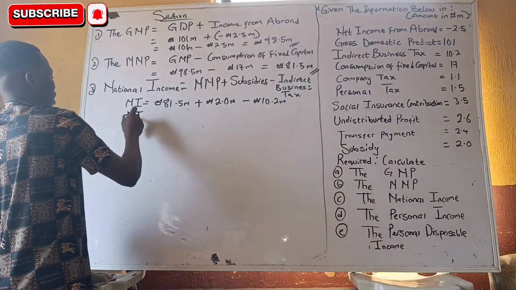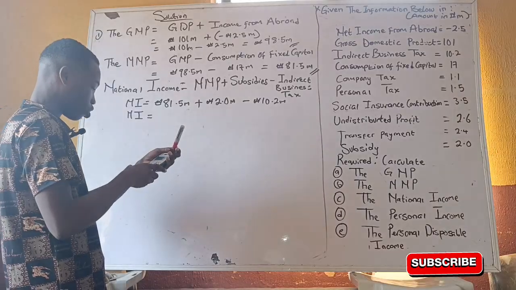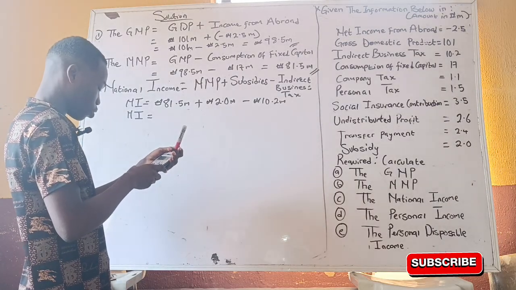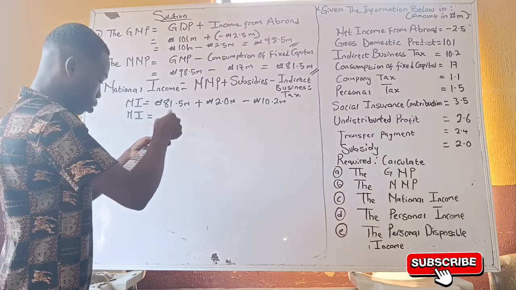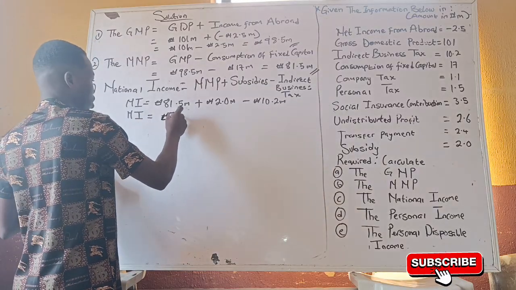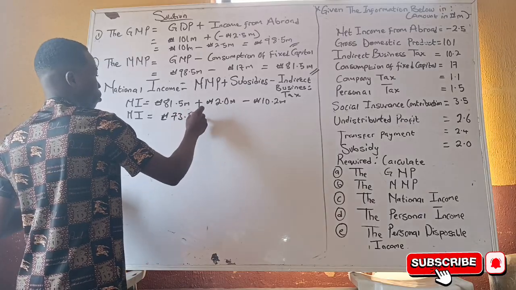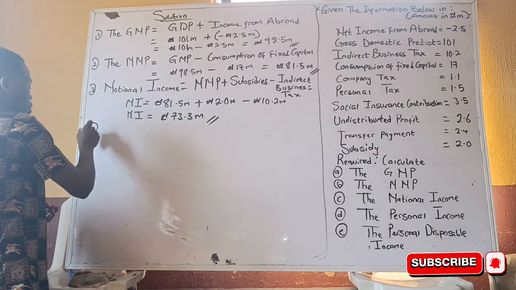So the result for our NI is going to be 81.5 plus 2 minus 10.2. So this gives naira 73.3 million.